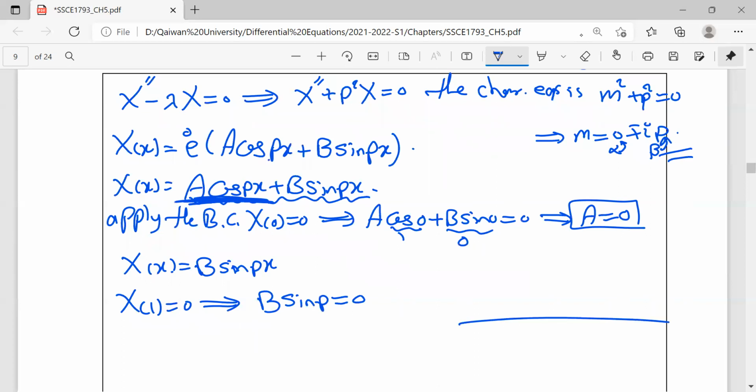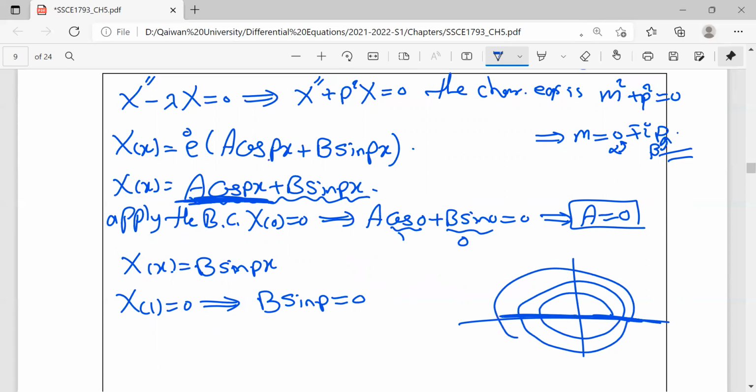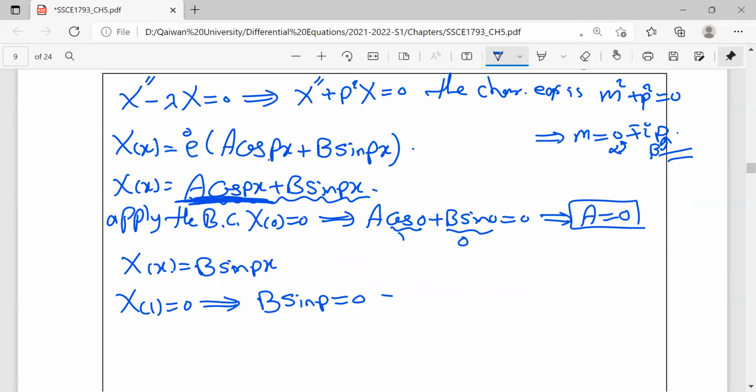If the angle is at this or that, its sine is 0. So pi, 2 pi, 3 pi, 4 pi, 5 pi, and in the clockwise direction, negative pi, negative 2 pi, negative 3 pi. Here we have n pi. We say p equals n pi.